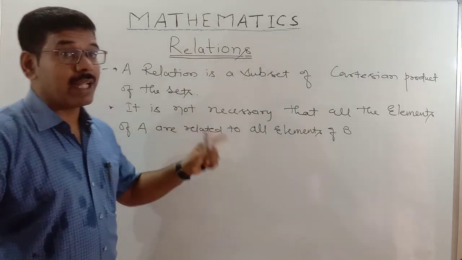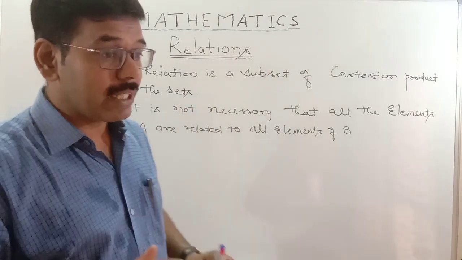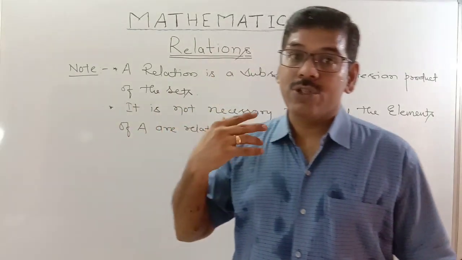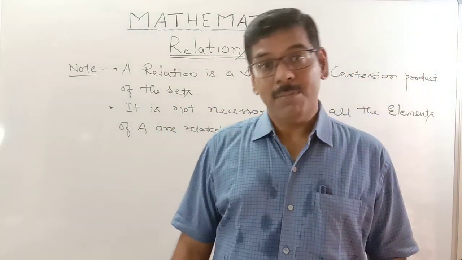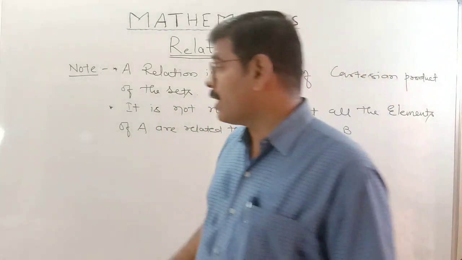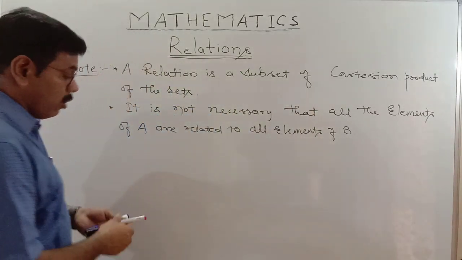We have just seen in that example that -4 of A was not related to any element of B. So it is not necessary that all the elements are related to all the elements.